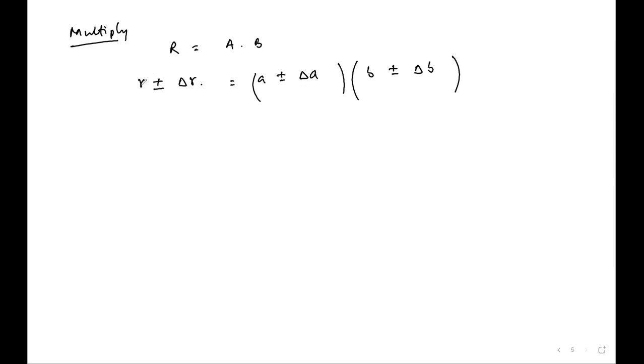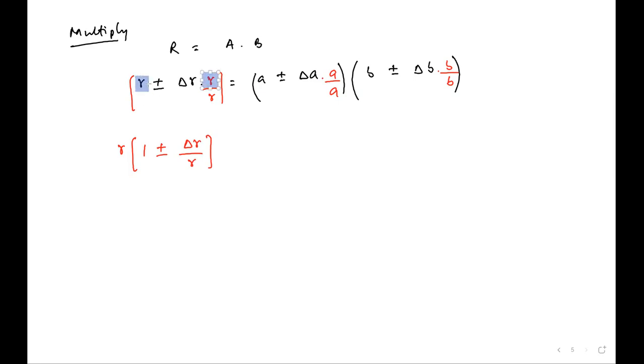Now we have to take common R from both these terms. So I'm multiplying and dividing by R in this part. Similarly, A and A, similarly, B and B. Now, if you take a common R from both these terms, you are left with 1 plus minus delta R by R. I have taken out common this R from this part and this R from this part.